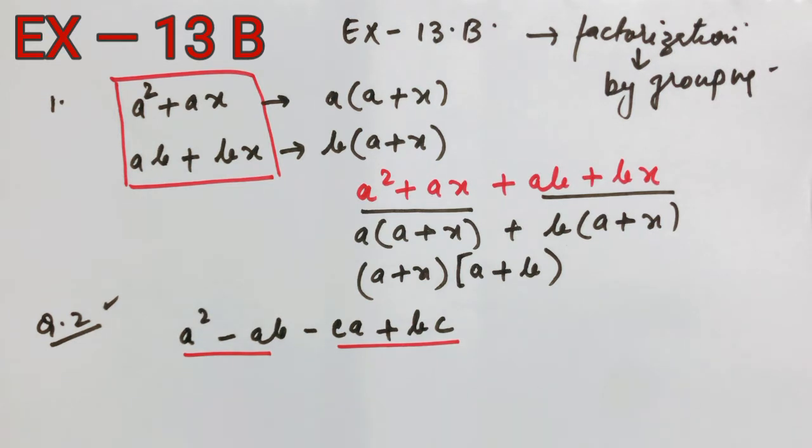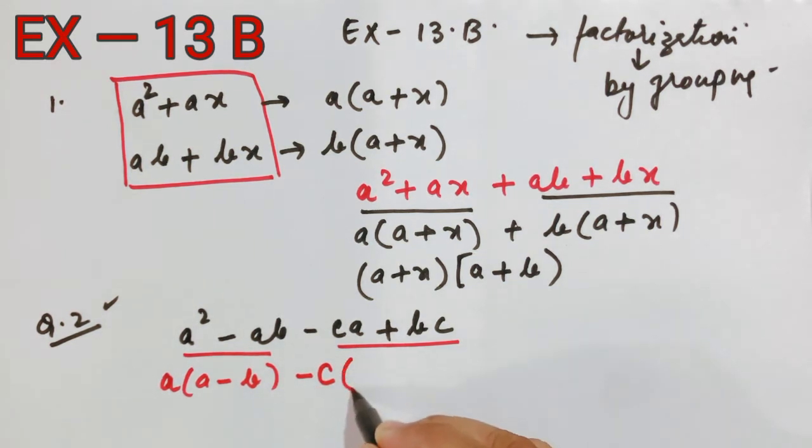Only then do we group it, because at a later stage everything will get mixed up. Now here you have a minus b. Similarly in ca and bc, I have taken minus c as common.